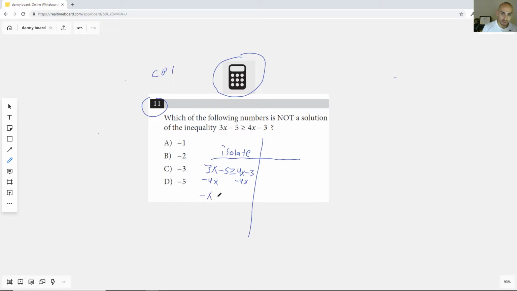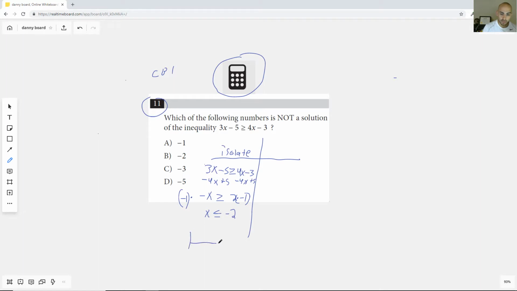So we have now negative x is greater than or equal to, then we add 5 to each side, positive 2, and then I have x is going to be less than or equal to negative 2 because I want x to be isolated. You can divide or multiply both sides by negative 1, but that also flips the sign, you don't want to forget. Okay, so x is less than or equal to negative 2.